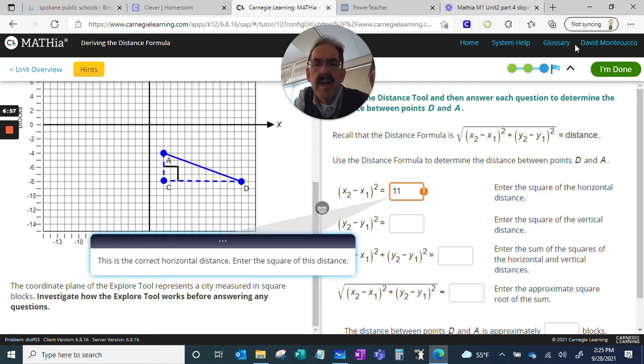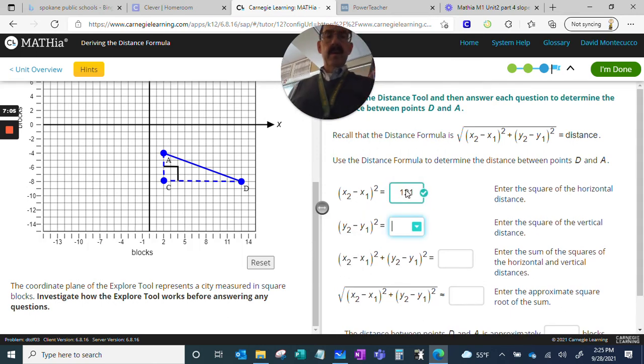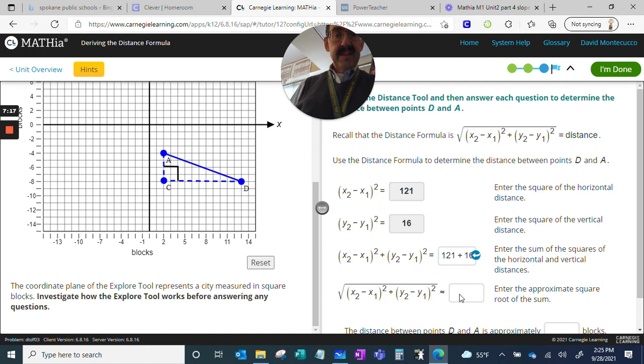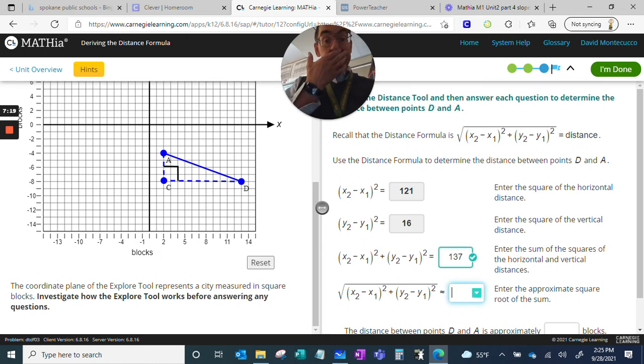And the y, oh, squared. Okay. And the y, 1, 2, 3, 4, so 4 squared. Okay, now we're going to put them together. 121 plus 16. And then the square root of that is QR.